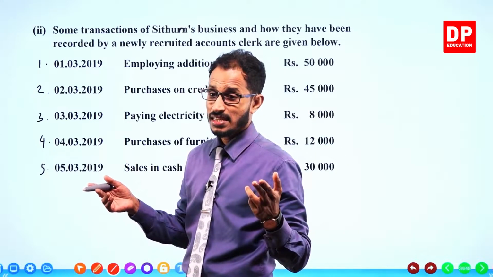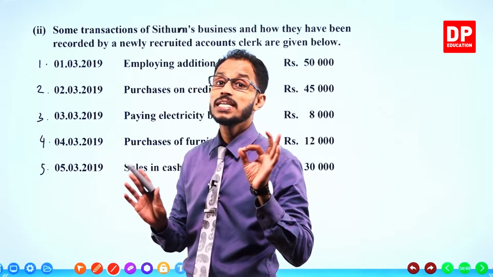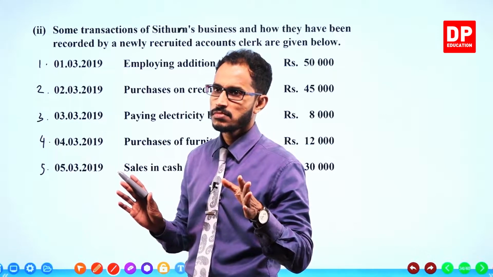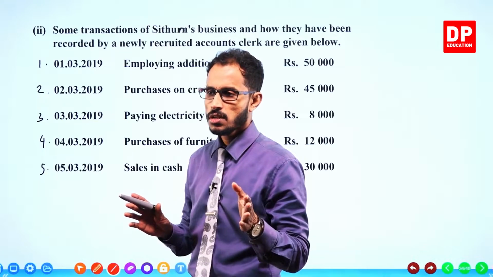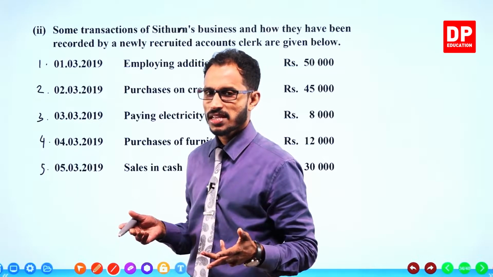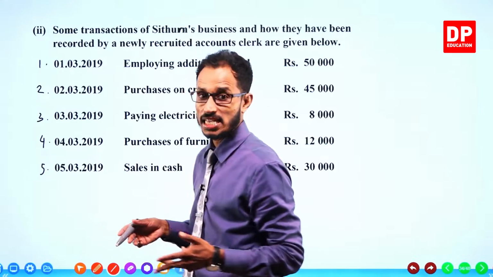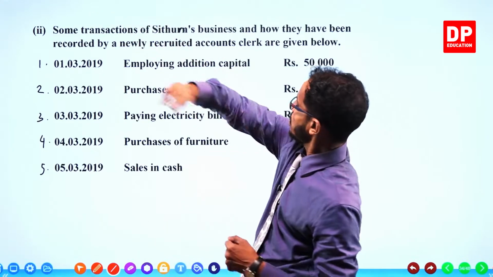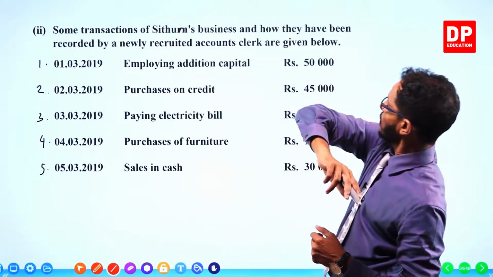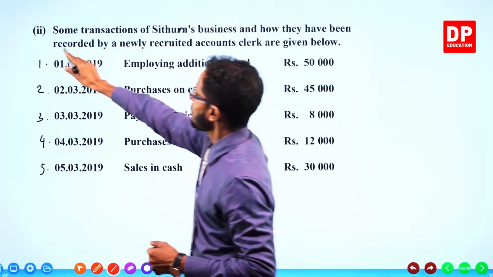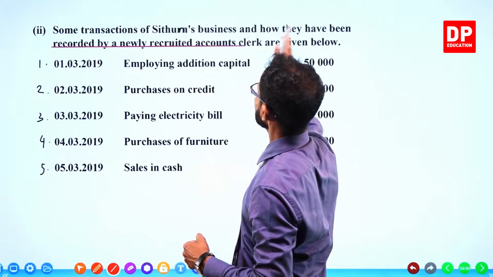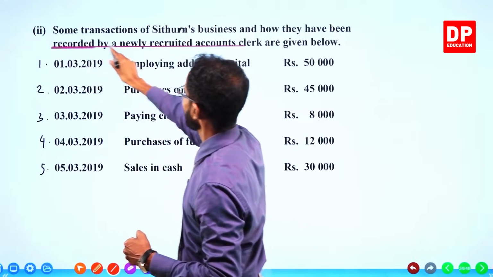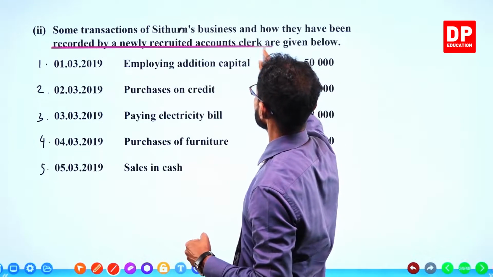Which means these transactions must have been recorded in the ledger accounts with mistakes, with errors. I'm sure that is the case.